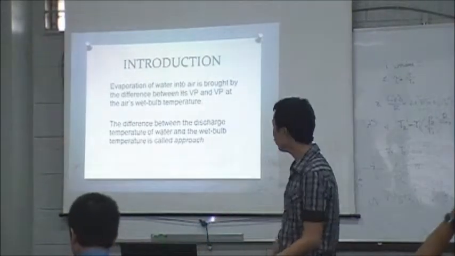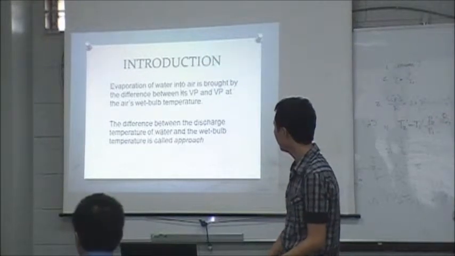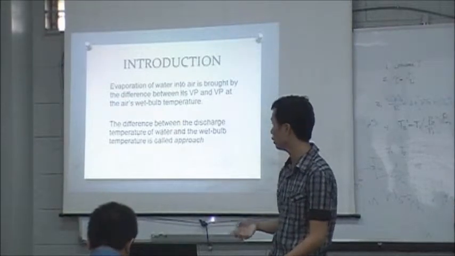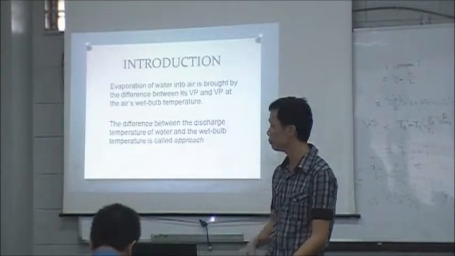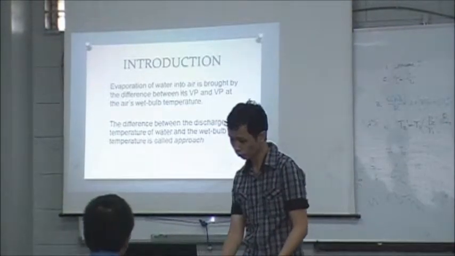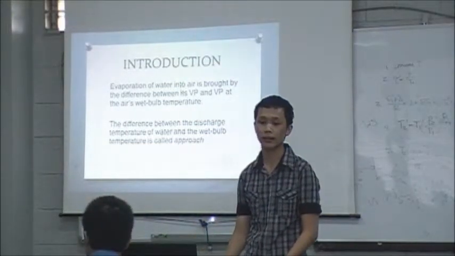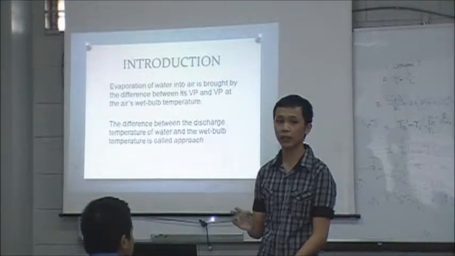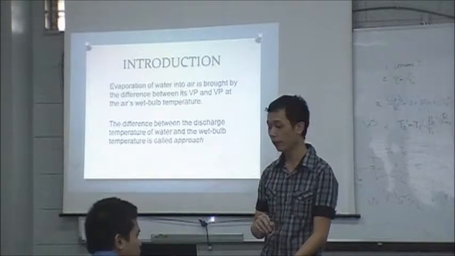Next, evaporation of water into air is brought about by the difference between the vapor pressure and the vapor pressure of the air at wet bulb temperature. The difference between the discharge temperature of the water and the wet bulb temperature is called the approach. Since the approach is an important factor to consider, it gives us an estimate of how much heat transfer there would be into the liquid.